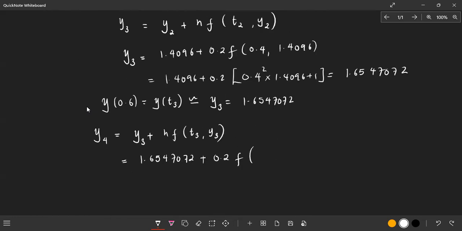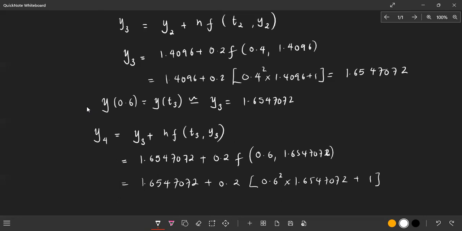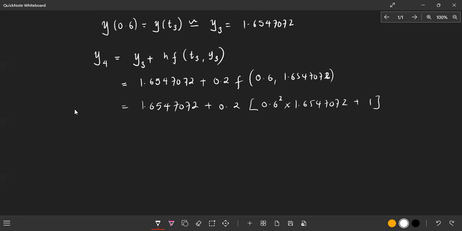So I have 0.6, comma, y3, which is 1.6547072. As usual, we substitute this in our function. So our t is equal to 0.6 squared times 1.6547072 plus 1.